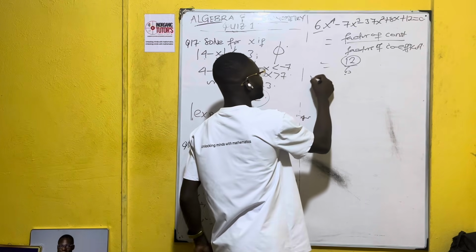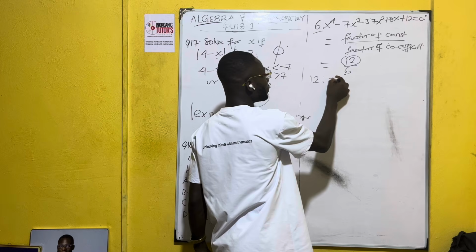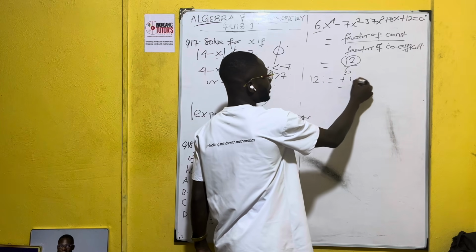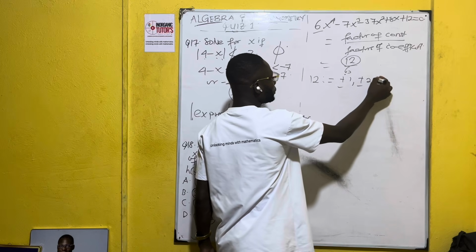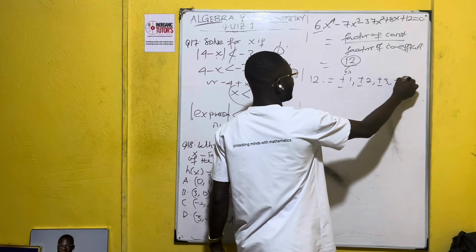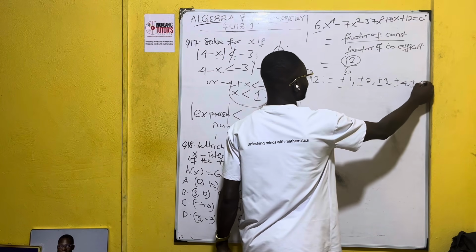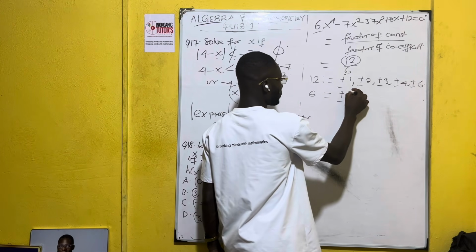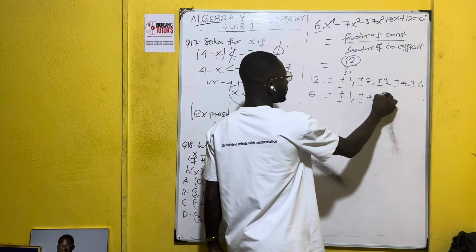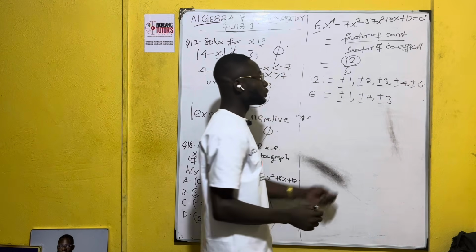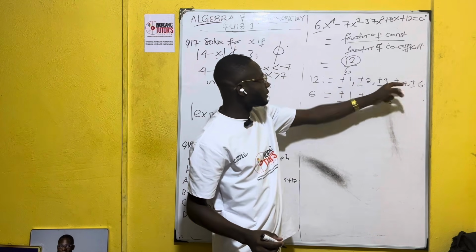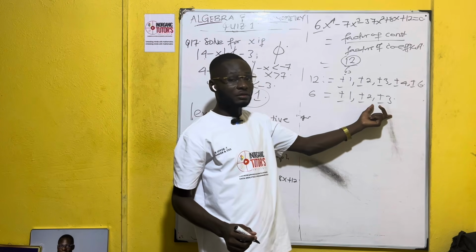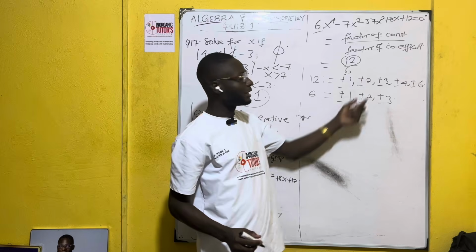So you know that the factors of 12 will be plus or minus 1, plus or minus 2, plus or minus 3, plus or minus 4, plus or minus 6, and the factors of 6 are plus or minus 1, plus or minus 2, plus or minus 3. So we take the factors of the constant, which is the factors of 12, over the factors of 6, one after the other.